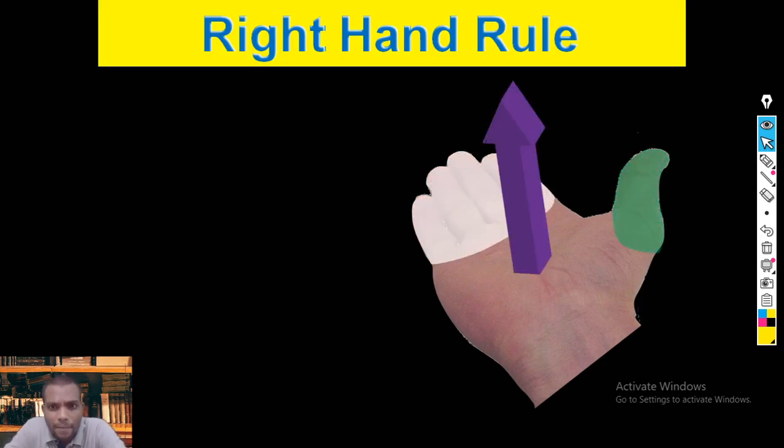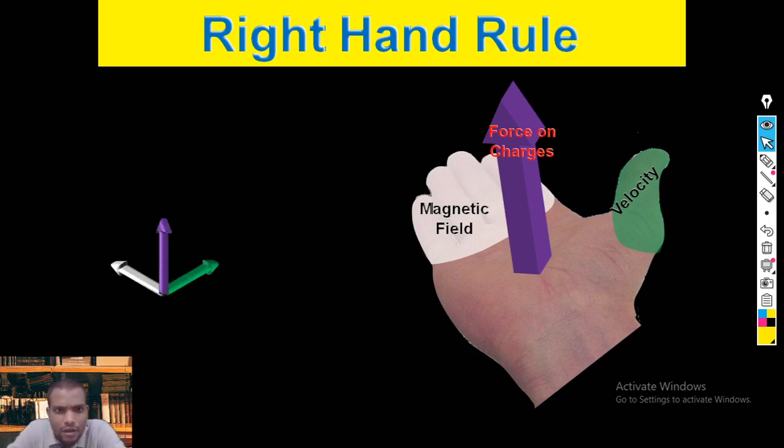So take your right hand, and in this right hand the curl of the fingers shows the magnetic field direction, the thumb represents the velocity direction, and the force on the charge is represented by the palm of the right hand. This right hand rule we use only for the positive charge or positron.